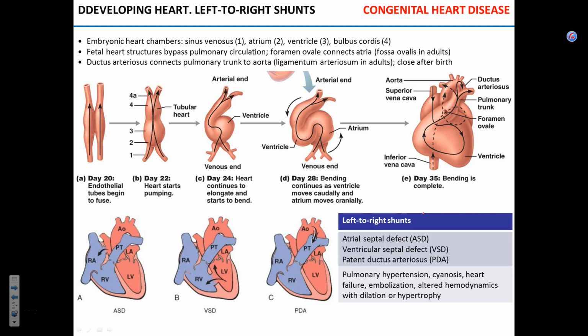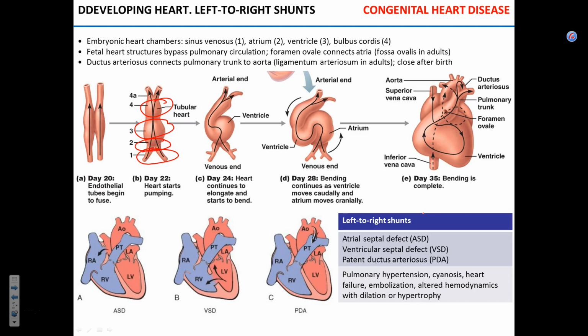Okay, embryonic heart. It starts basically as a tube with the sinuses, atrium, ventricle, bulbus cordis. As you can imagine, I'm not going to ask any of the anatomy of the heart.